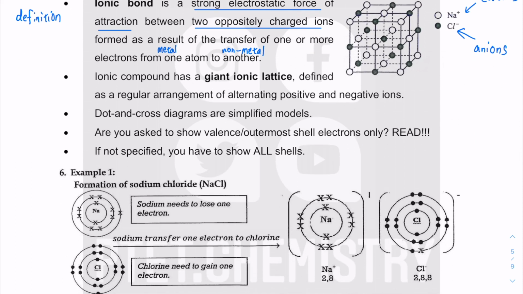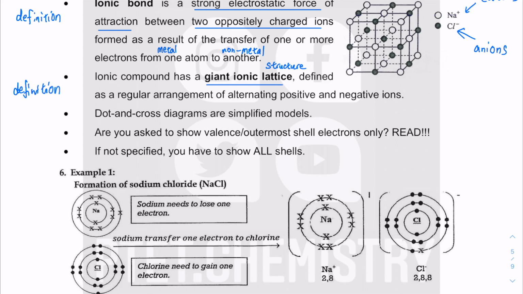Now, that was bonding. We come back to this structure. This is called giant ionic lattice structure, or you can call it giant ionic structure. Giant ionic structure, this is another definition that you have got to know as stated in the syllabus. Candidates should be able to.